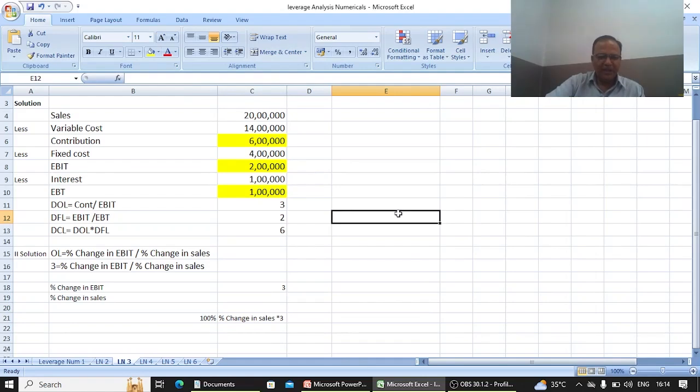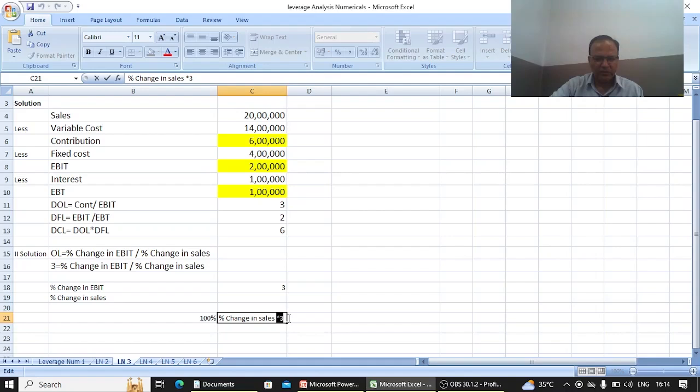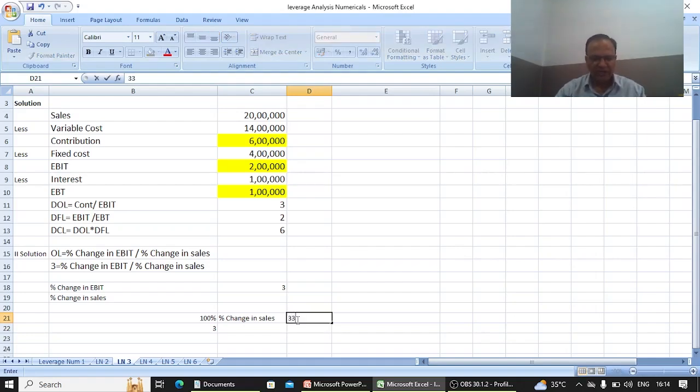Now, percentage change in sales will be 100 by 3. It means percentage change in sales is equal to 100 by 3 is equal to 33.33%.